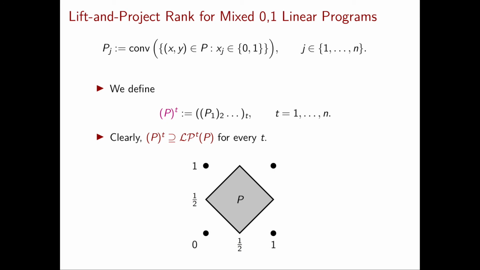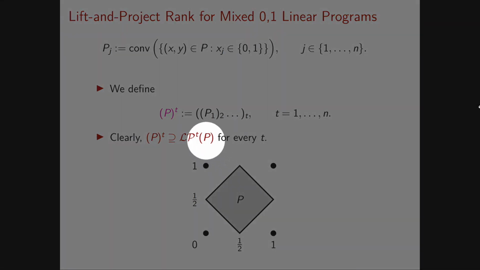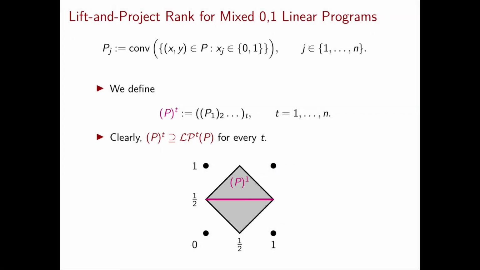So for this example, what is P superscript 1? This is very simple because it's just our old set P1. Therefore, it's the convex hull of the points in P that satisfy x1 equal to 0 or x1 equal to 1. So here it is.